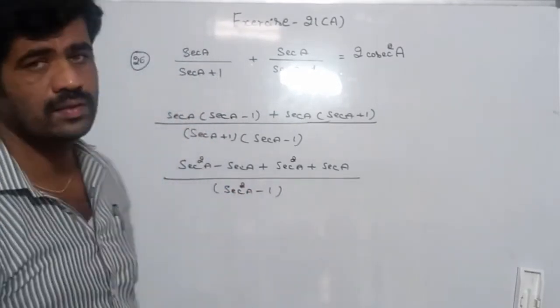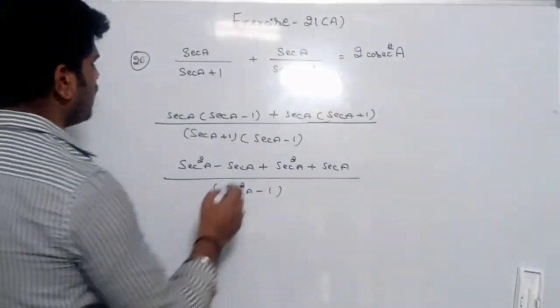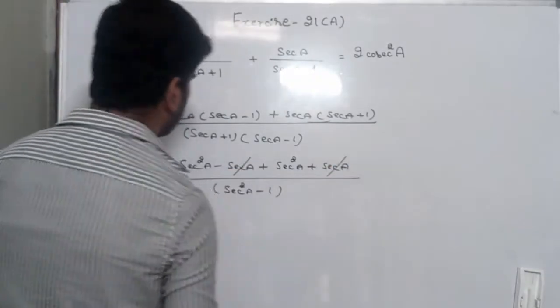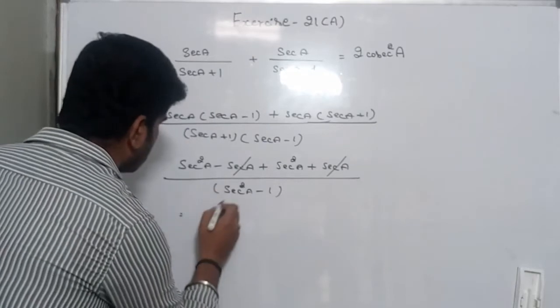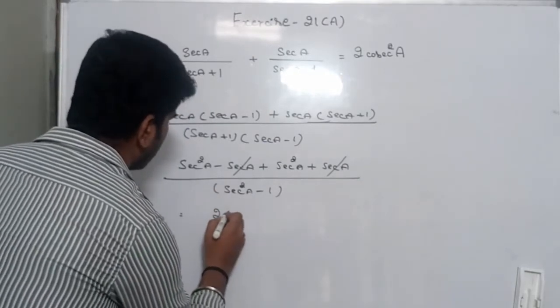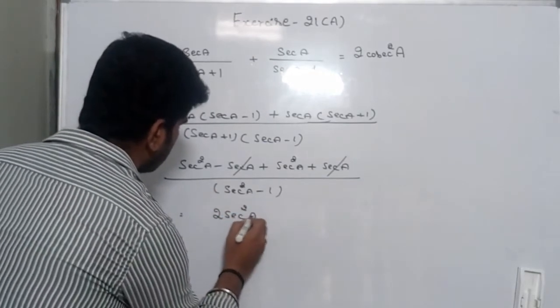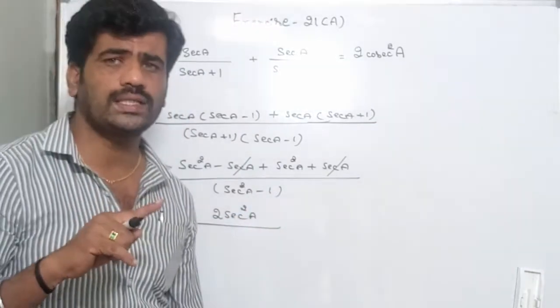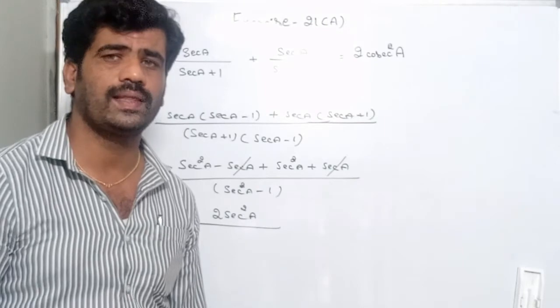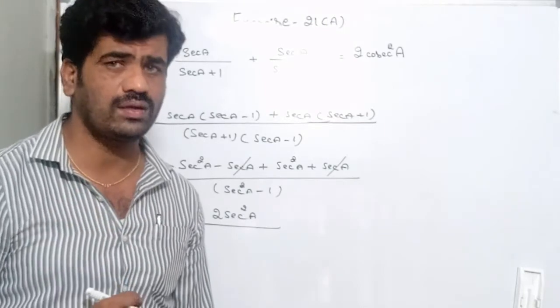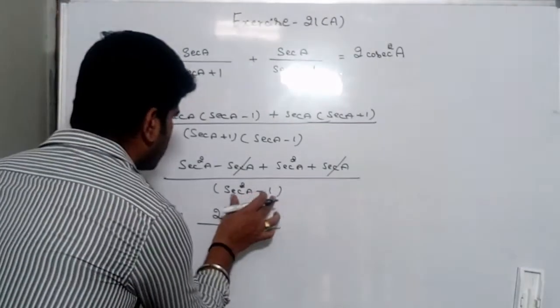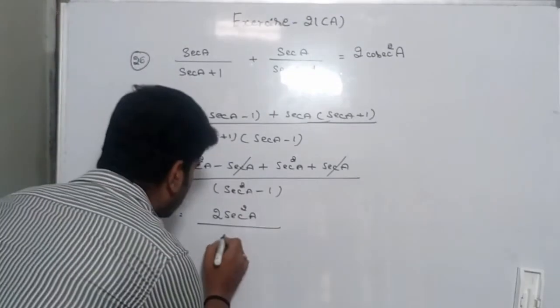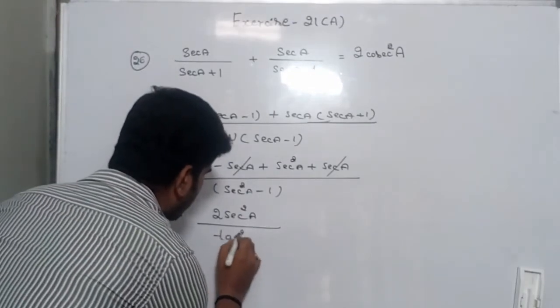Now see, plus secant A minus secant A gets cancelled. Then secant square A plus secant square A is 2 into secant square A, divided by secant square A minus 1. We know that 1 plus tan square A is equal to secant square A, and secant square A minus 1 is equal to what? Tan square A. So in the place of secant square A minus 1, I can write tan square A.